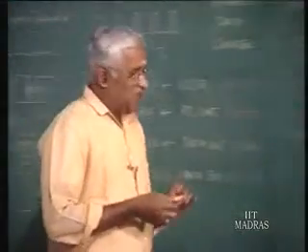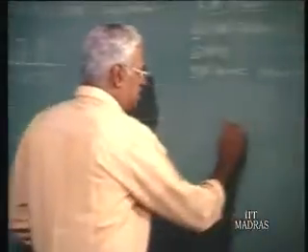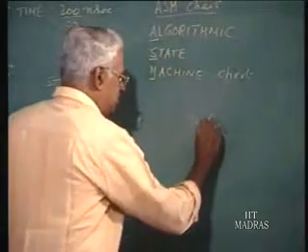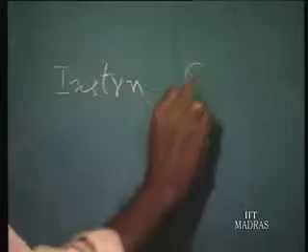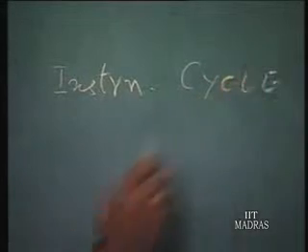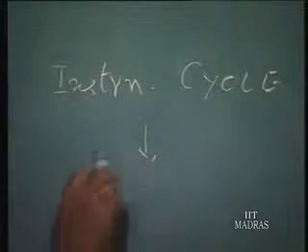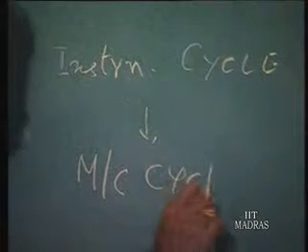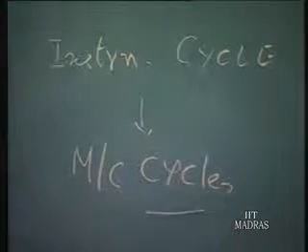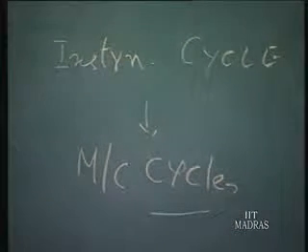A machine cycle is part of an instruction cycle, right, is it not? So, we are talking about an instruction cycle consisting of different machine cycles, and we have just taken an example of one machine cycle.